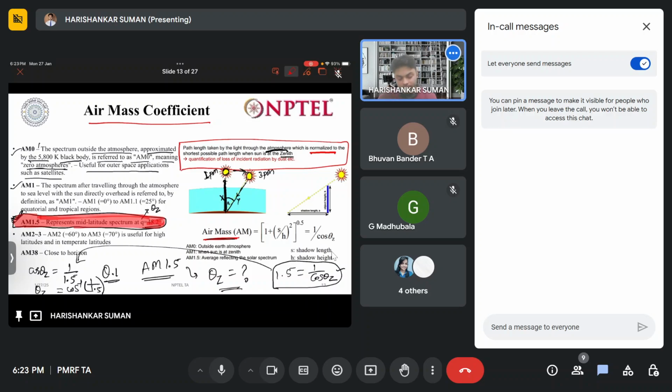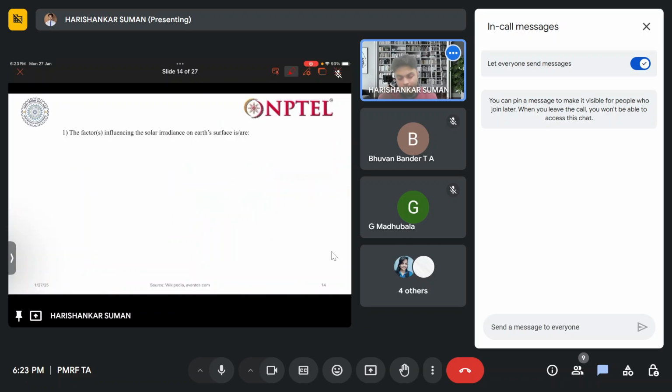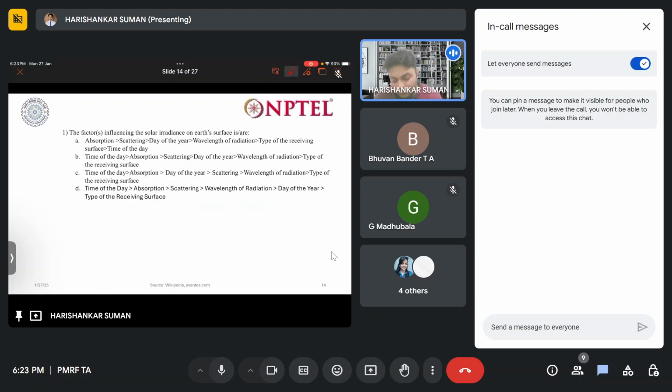Okay, so let me ask the first question. This is your first question. The factor which most influences the solar irradiance on Earth's surface is: absorption, scattering, day of the year, wavelength of radiation, type of receiving surface, and time of day.